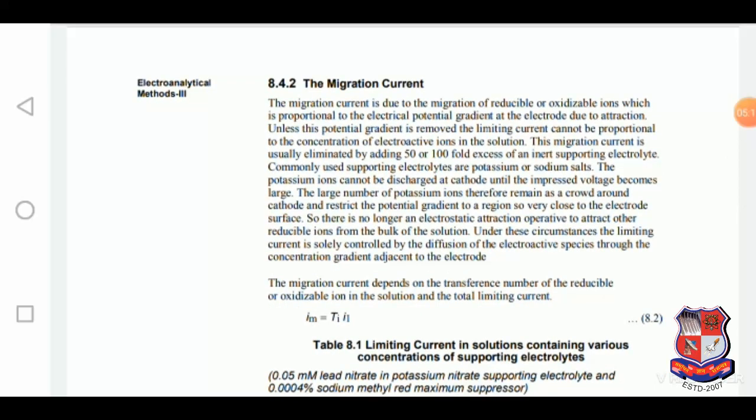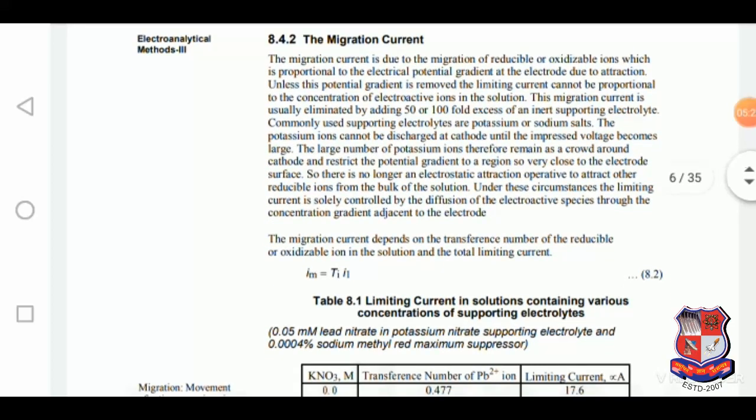Migration current. The migration current is due to the migration of reducible or oxidizable ions, which is proportional to the electrical potential gradient at the electrode due to attraction. The migration current depends on the transference numbers of the reducible or oxidizable ion in the solution, and the total limiting current Im is equal to ti IL.